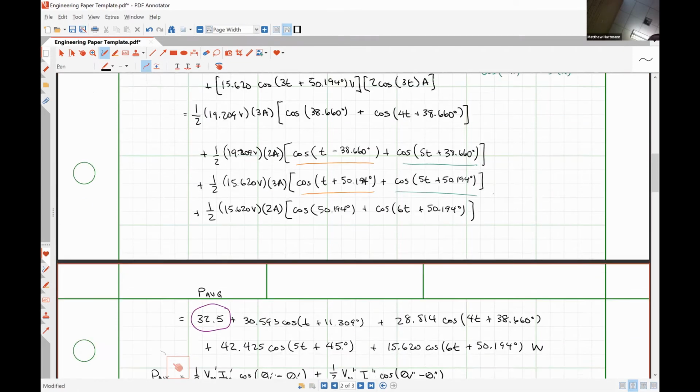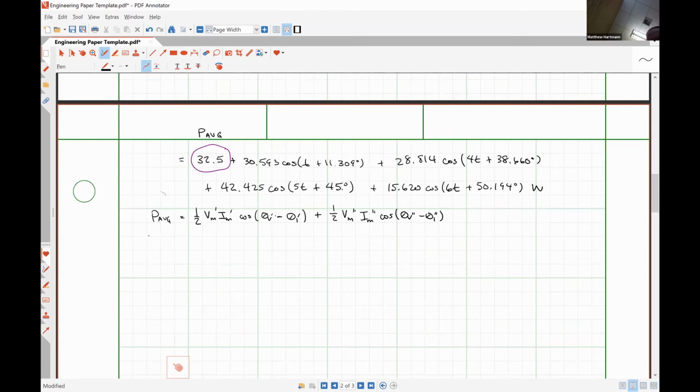There we go. And this will give us 32.499 or 32.5 watts.